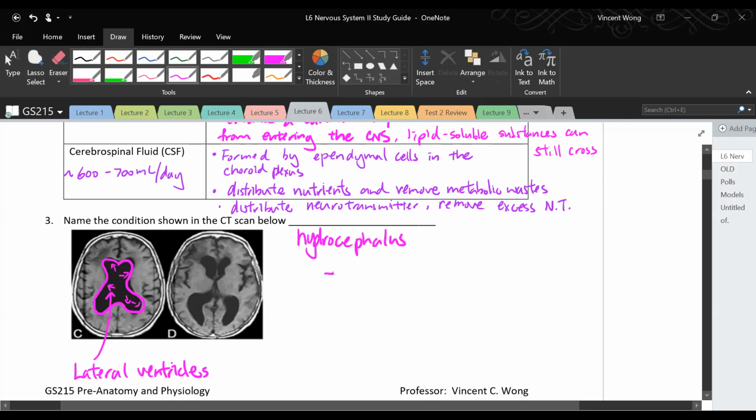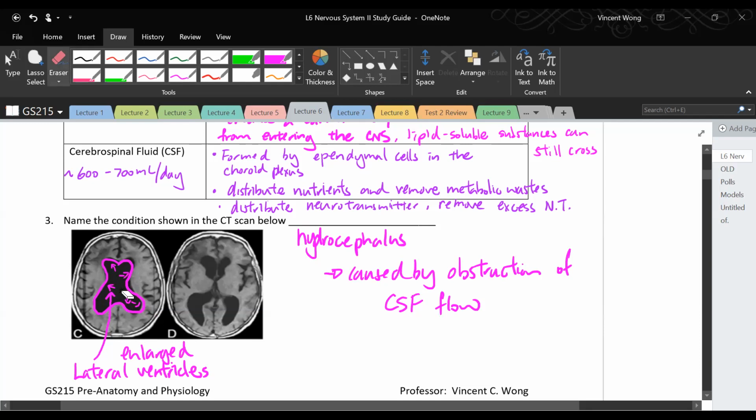Okay, caused by obstruction of CSF flow. So these are actually enlarged.